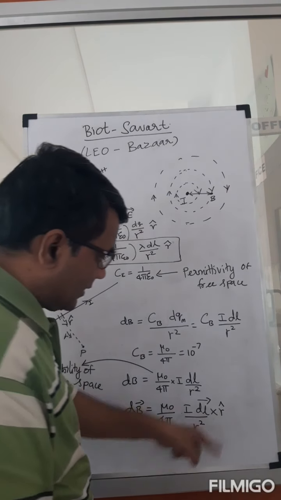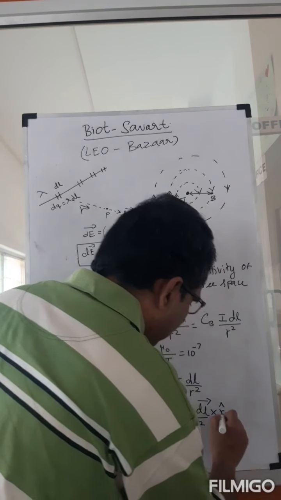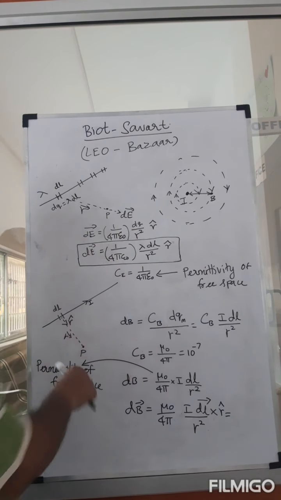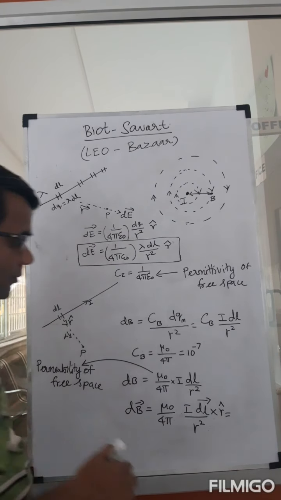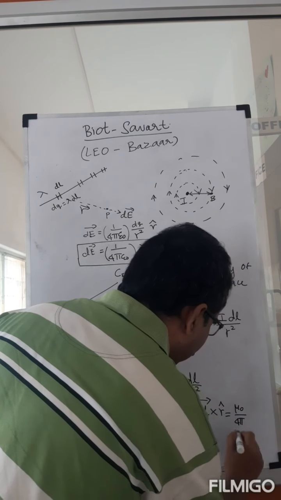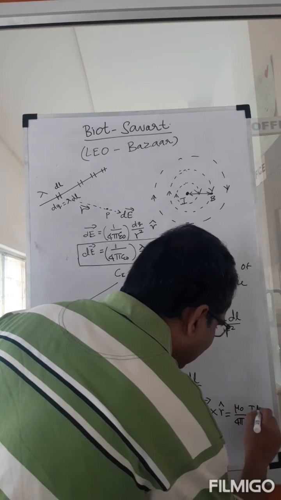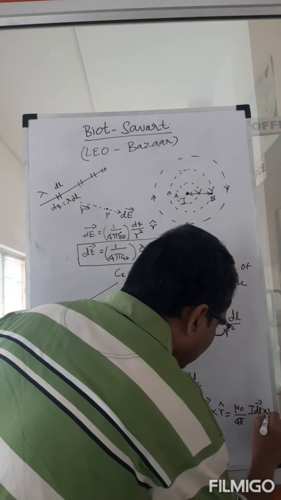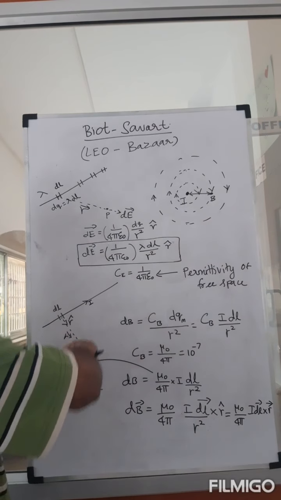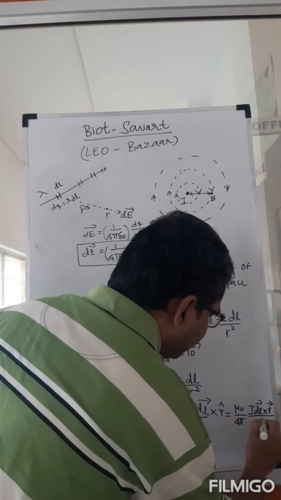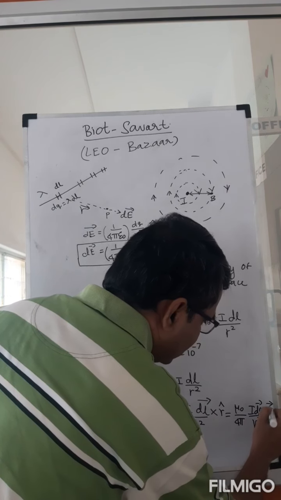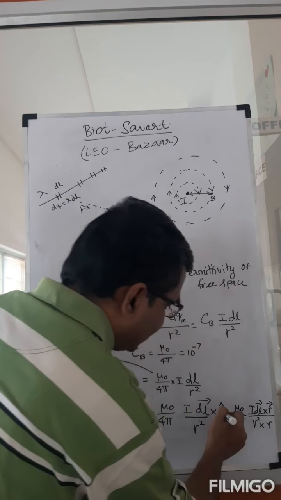Or I can expand r cap as the entire r by the magnitude of r. So in that case, mu naught by 4 pi I dl cross r, the entire r. Notice it, I've got no cap here, I've taken the entire r. So this is divided by r squared into this r by r will give me the unit vector here.